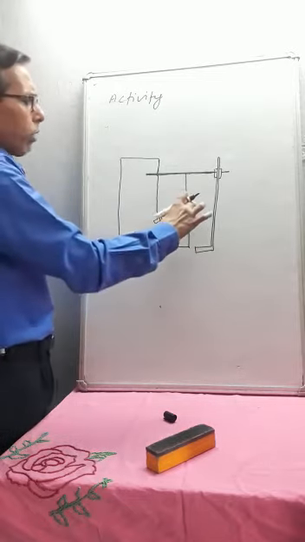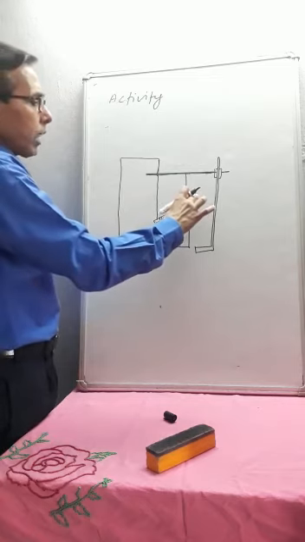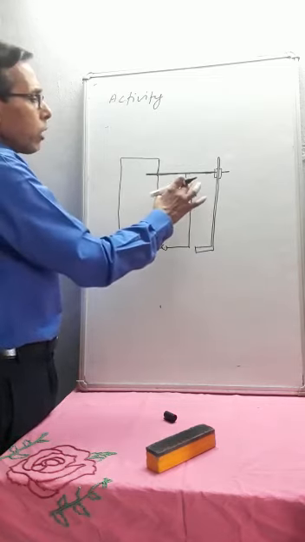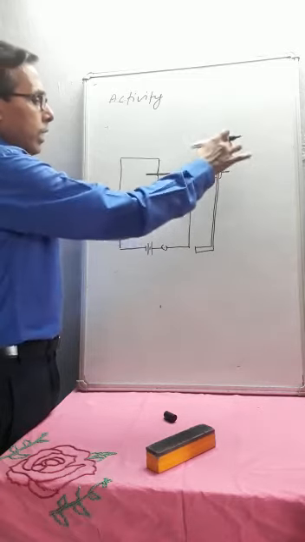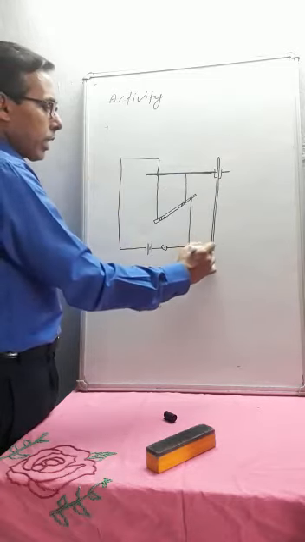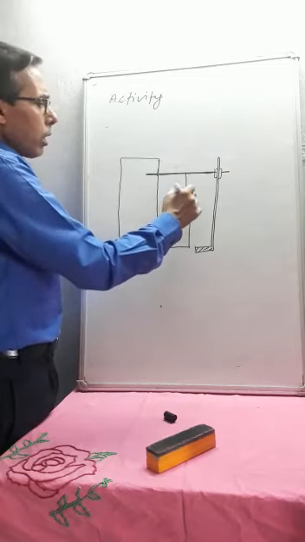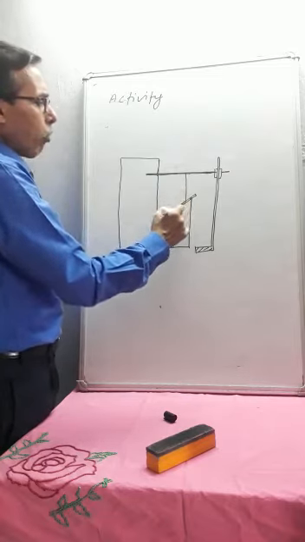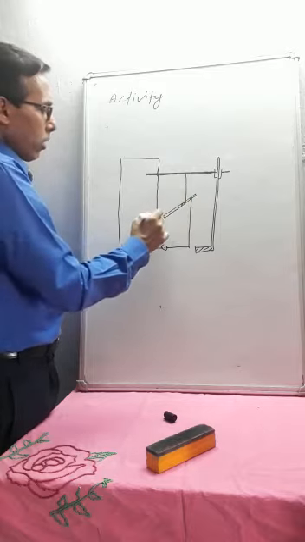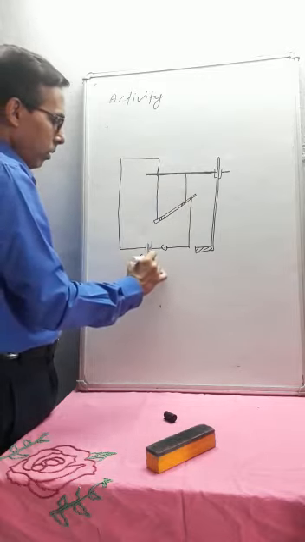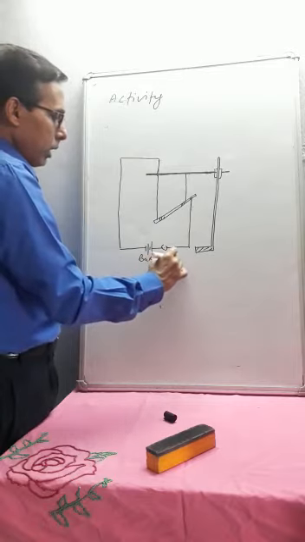So first we take one straight aluminium rod, which is suspended with the help of an iron stand clamp. This is the iron stand clamp. And the aluminium rod is connected through the wire with a battery and key.